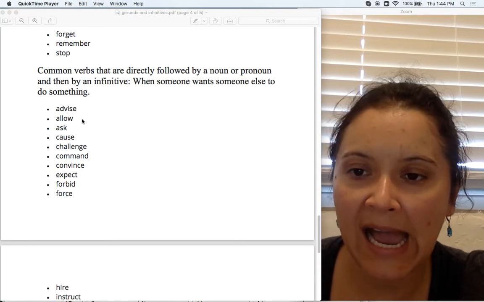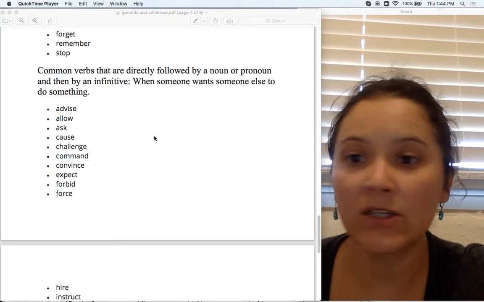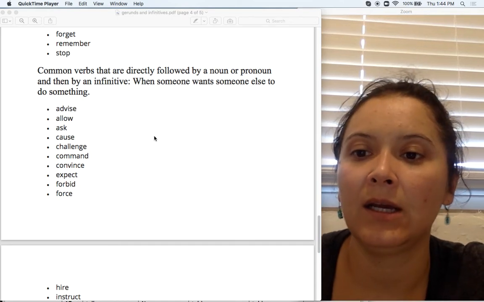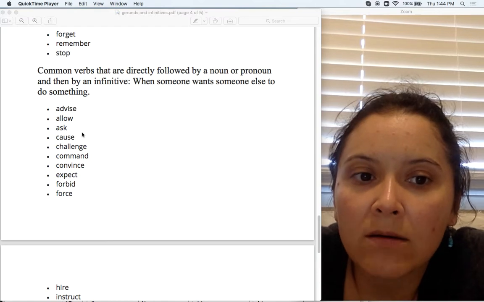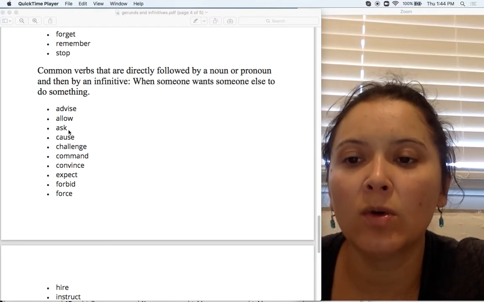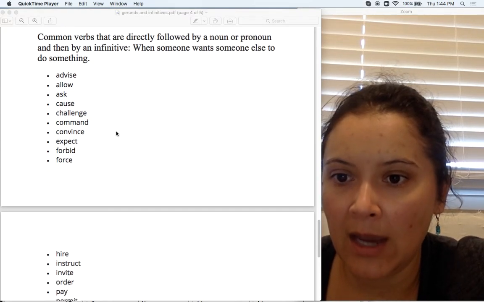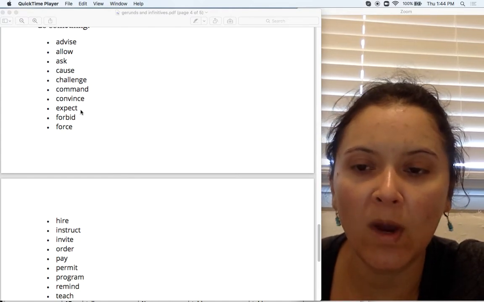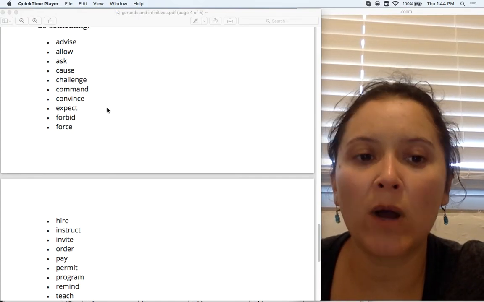I allowed my cat to come in every single day. See, so now I'm not talking about myself, I'm talking about my cat. I asked my mom, what did I ask? I asked my mom to take out the garbage. I expect who? I expect my students what? To do well on the test.